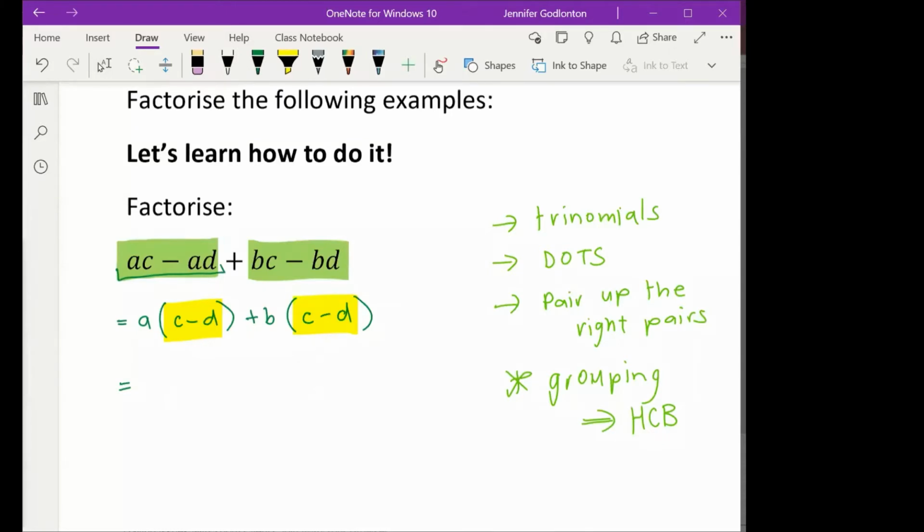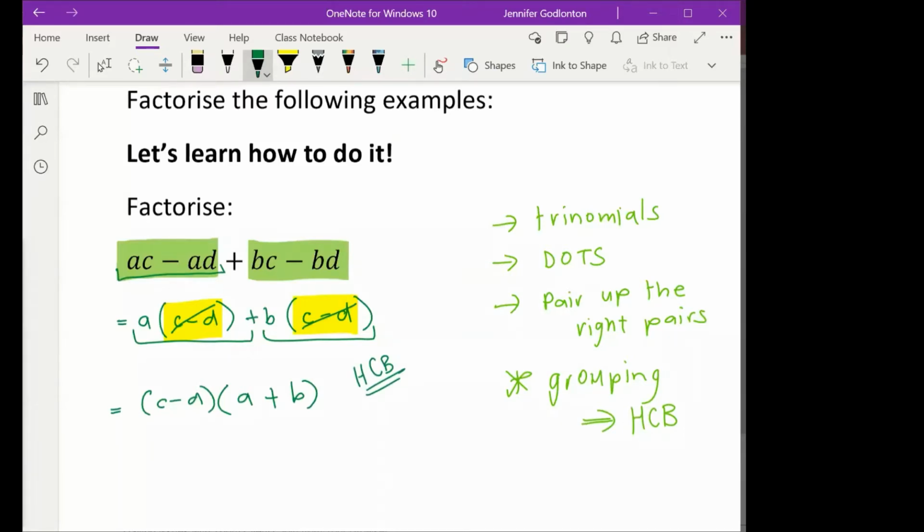This is 1 term over here, and this is 1 term over here. So when we take out the highest common bracket, we write the bracket that is common in both terms, and then just cross it out for yourself so you know it's gone, and you write what you have left. So we have A plus B that's left over.